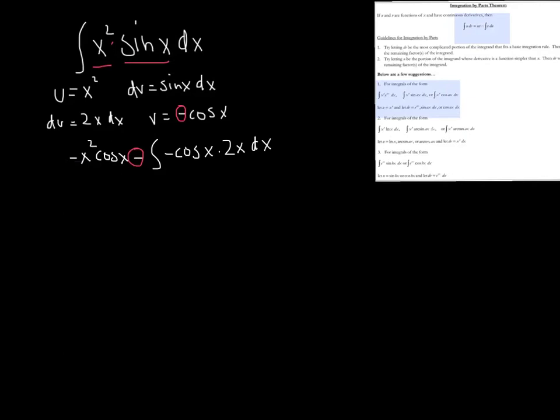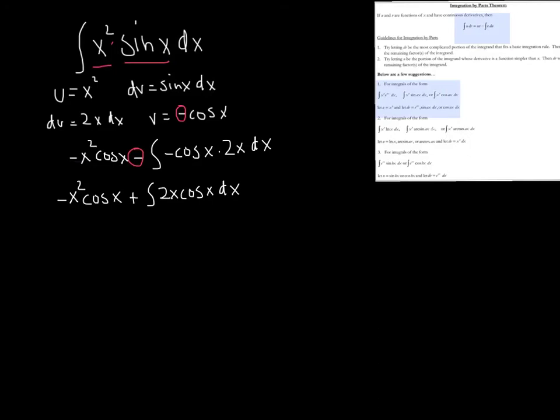All right, and so let's just clean this up a little bit. So it's going to be negative x squared cosine of x plus the integral of 2x cosine of x dx.